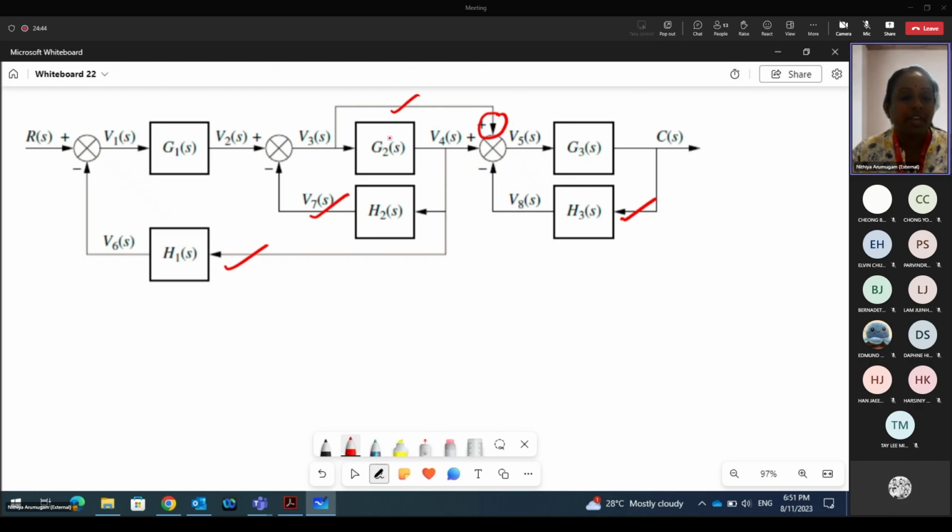Okay, so from here, what we do first, we have to pass this pick-off point to create a parallel subsystem. So for that we need to move the G2 to the left. Okay, so we need to move the G2 to the left, meaning this entire arrow will be shifted to the right.